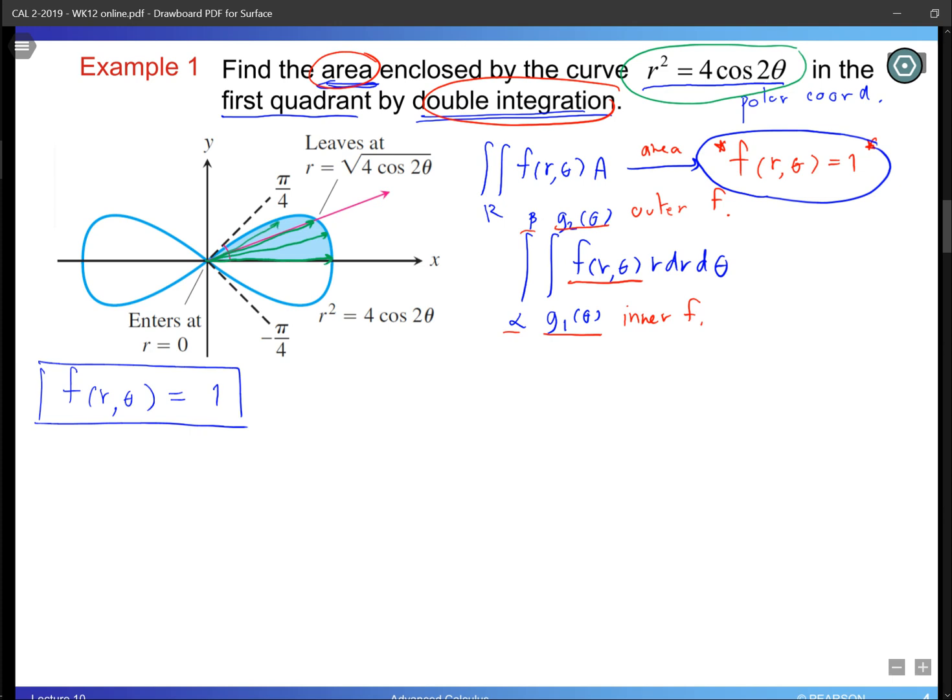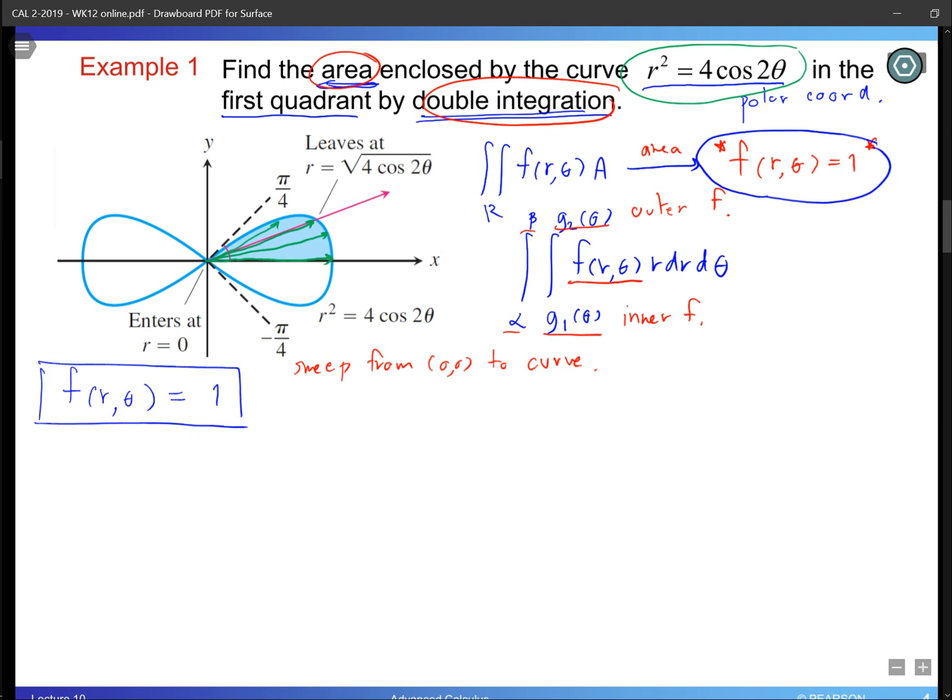One thing we know here is that we sweep from the origin to the curve.